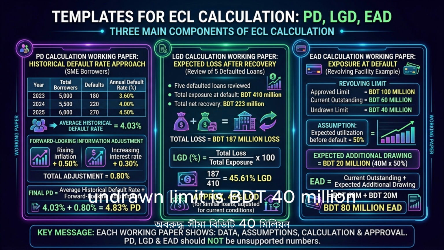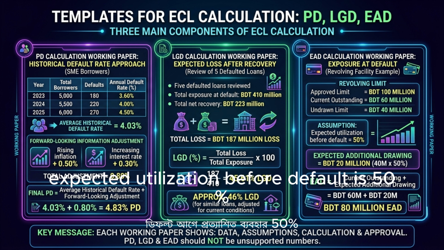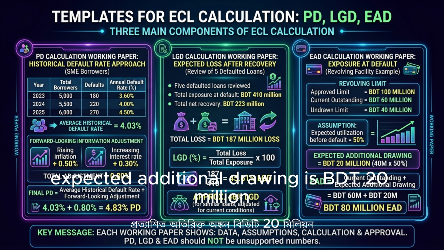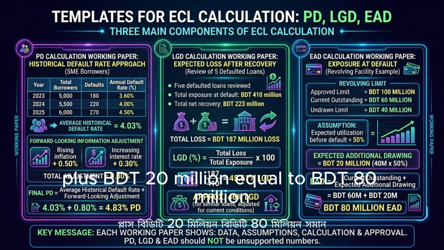Undrawn limit is BDT 40 million. Expected utilization before default is 50%. Expected additional drawing is BDT 20 million. Therefore, EAD is BDT 60 million plus BDT 20 million, equal to BDT 80 million.